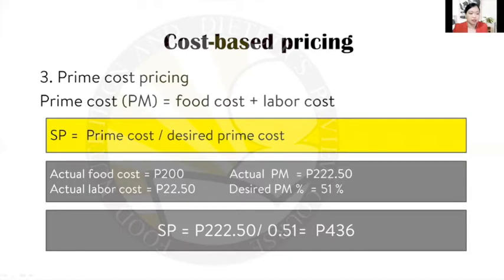If the desired prime cost is 51%, then 222.50 divided by 0.51 will give us 436 pesos.